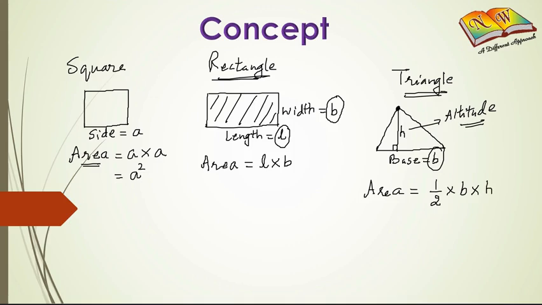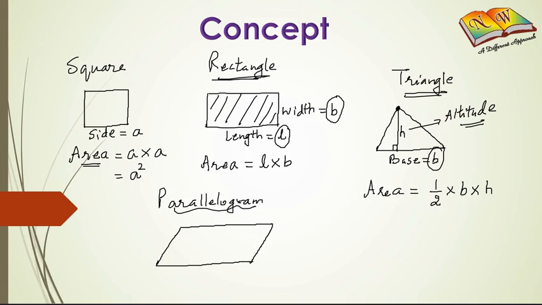And finally, we have the fourth figure, which is a parallelogram. As you all know, in a parallelogram, we have two pairs of opposite sides which are equal and parallel. So a parallelogram looks like this. Now in case of a parallelogram also, just like a triangle, we should know its base represented by small b and the altitude drawn from the opposite vertex, that is this line, which makes an angle of 90 degrees with the base.